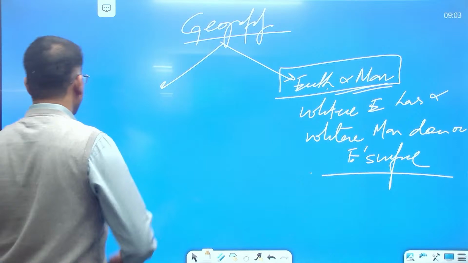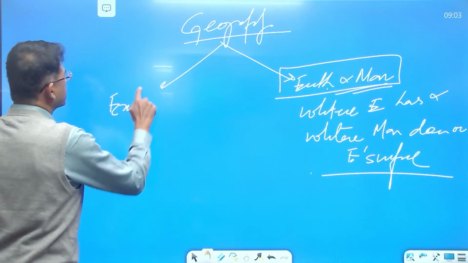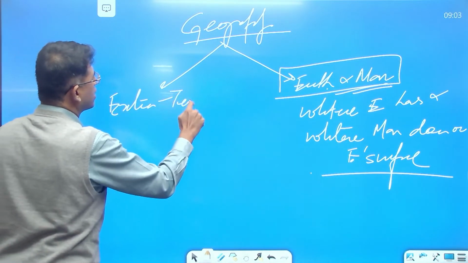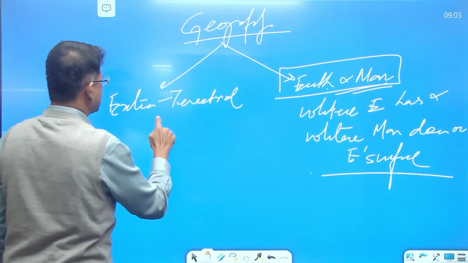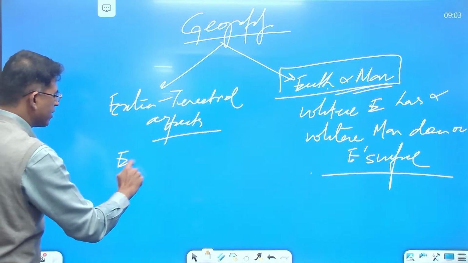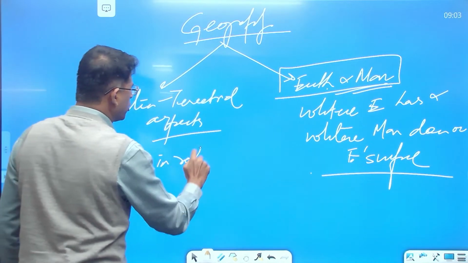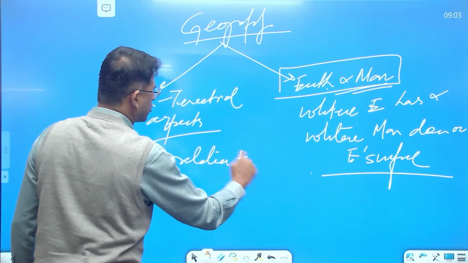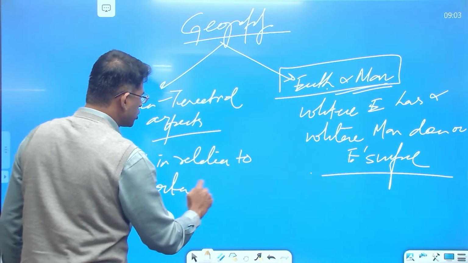Another part is the extra-terrestrial aspects. This is earth in relation to the outer space.